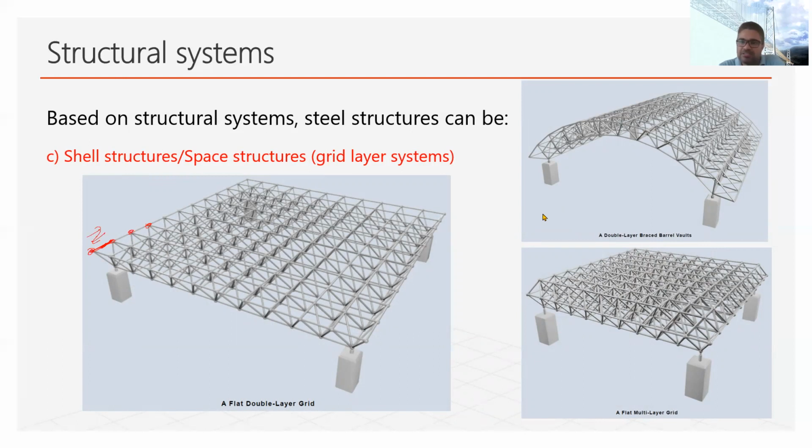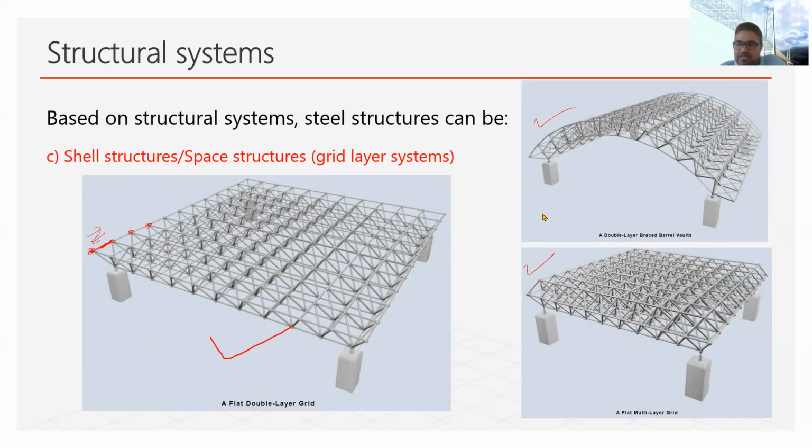These structures can take various forms, such as a flat double layer grid, as I'm showing you, or a flat multi-layer grid. In the second diagram you can see a braced barrel, or it can be of any free shape.